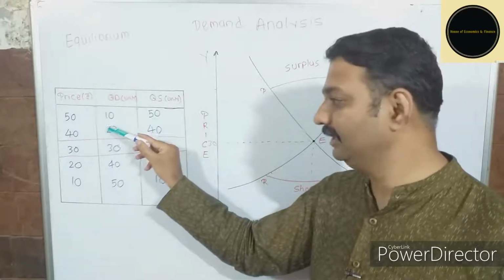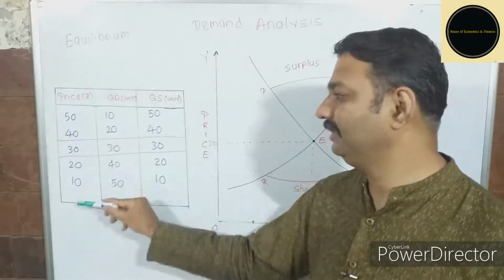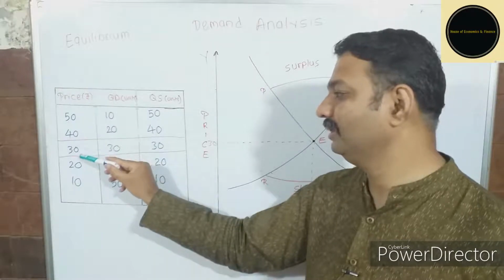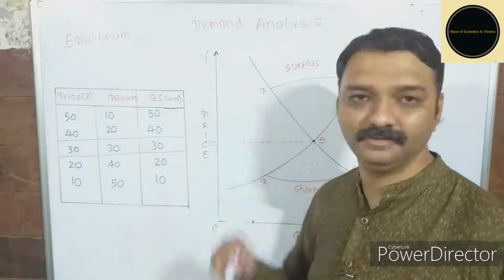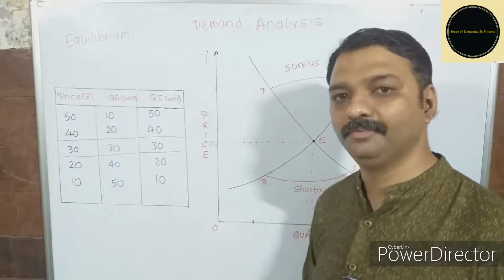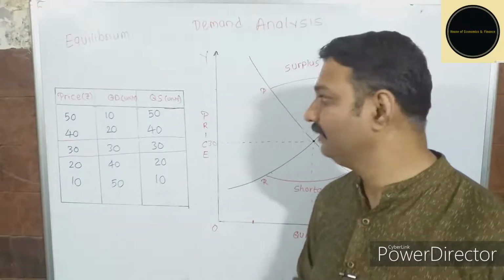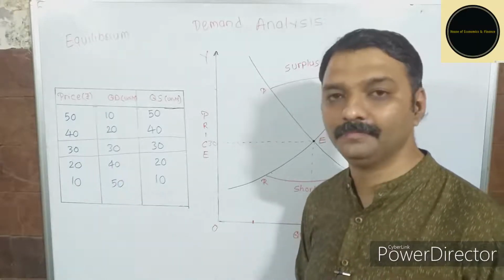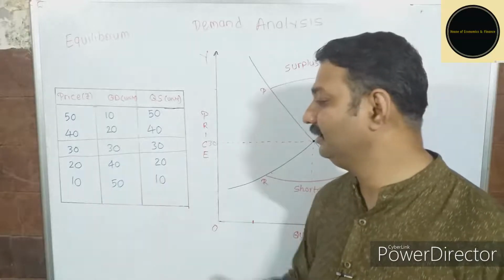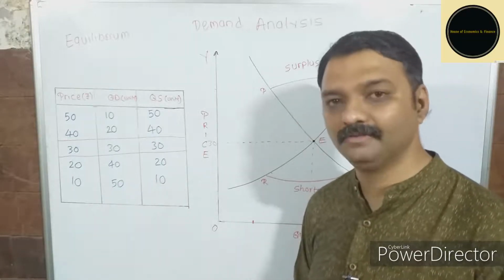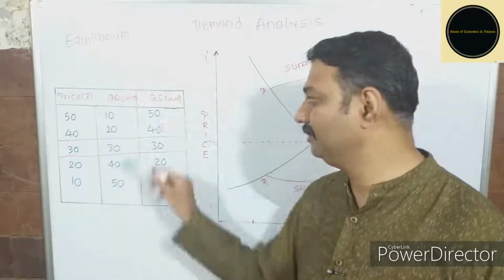The quantity demanded is low. When price decreases to 40, to 30, the quantity demanded increases to 20 units, 30 units, etc. When price becomes 10 rupees, the quantity demanded becomes 50. That means if price decreases, the quantity demanded is increasing.